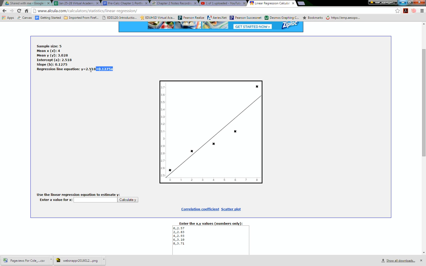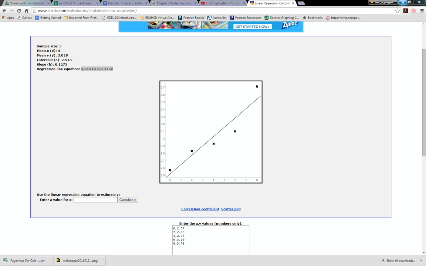So let me see if I can get that equation. So I'm going to substitute 2025, so let's do a little math on that. 2025 is 27 years away from 1998. So for my x value, I'm going to put in 27.